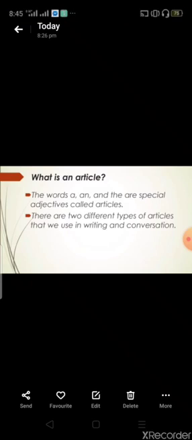They are used with singular countable nouns. The articles which point out some particular person, place, animal, or thing are called definite articles. The is used with both singular and plural, countable and uncountable nouns.